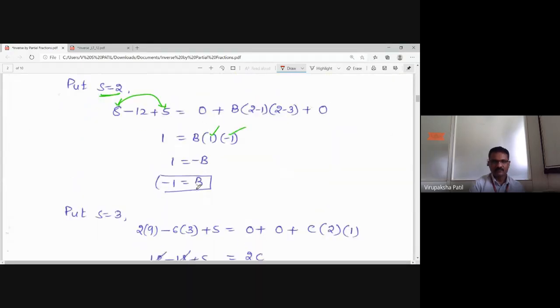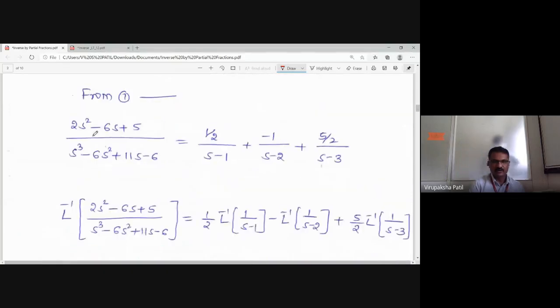Therefore, equation 1 becomes (2s squared minus 6s plus 5) divided by (s cubed minus 6s squared plus 11s minus 6) is equal to, A value is 1 by 2, so 1 by 2 divided by s minus 1, plus B value is minus 1 divided by s minus 2, plus C value is 5 by 2 divided by s minus 3.